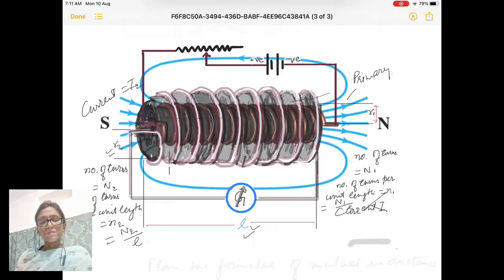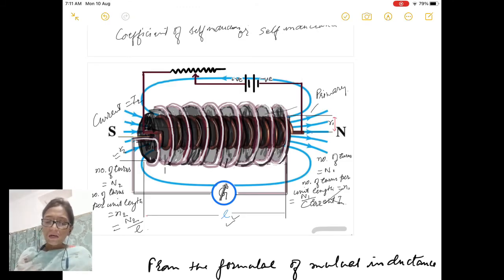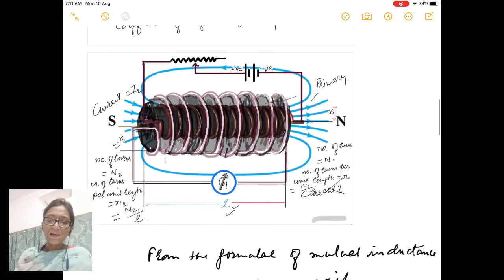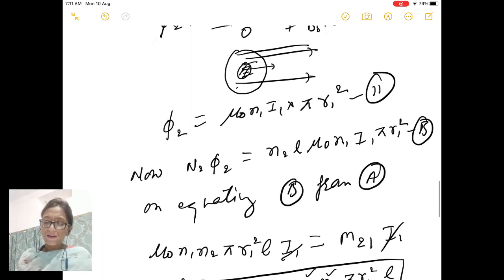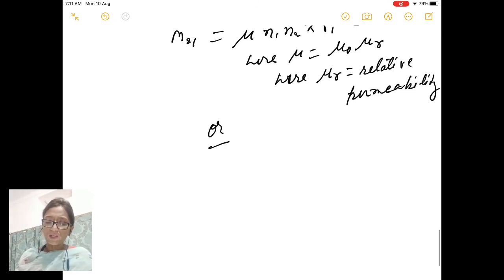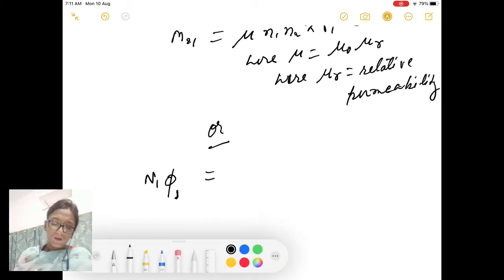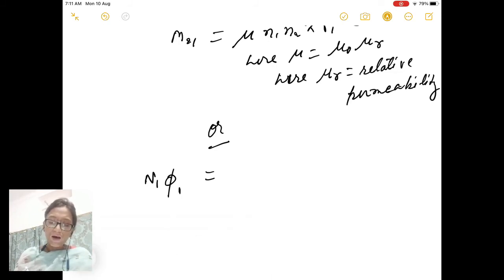I just connected the battery in the outer solenoid and the galvanometer in the inner solenoid, and then I am doing the same equations, like your flux phi through the primary and number of turns through the primary. This must be equal to N1 phi 1. This is your flux linkage.